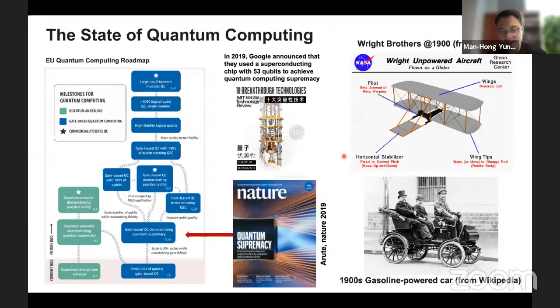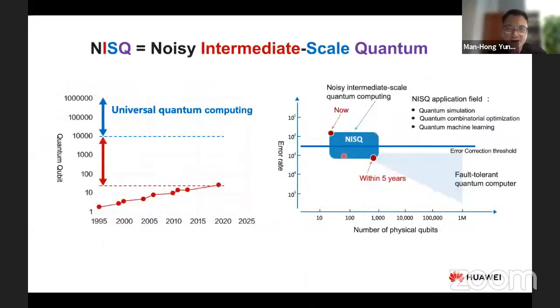So I think as a person working in this field for like 20 years, I'm very excited, because we really can see the hope of getting something practical out of this pure concept starting from the 1980s.